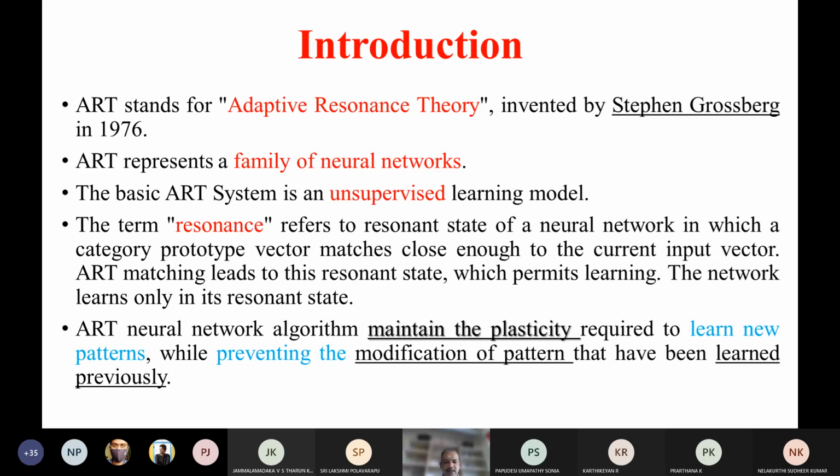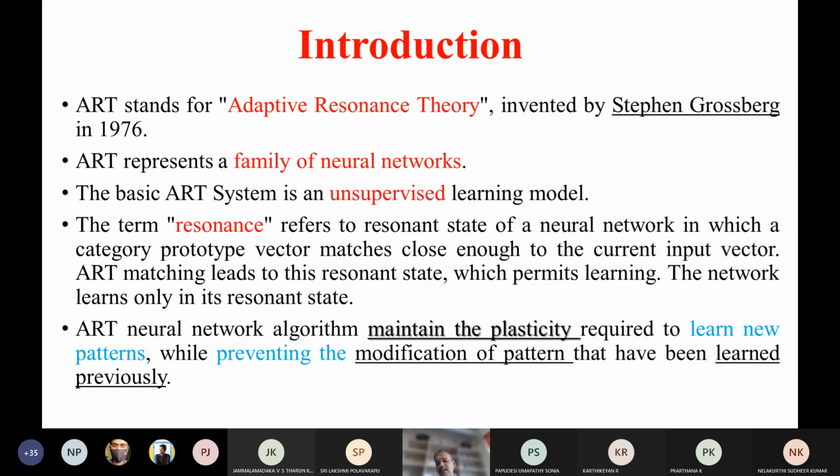The ART network learns only in the resonance state.